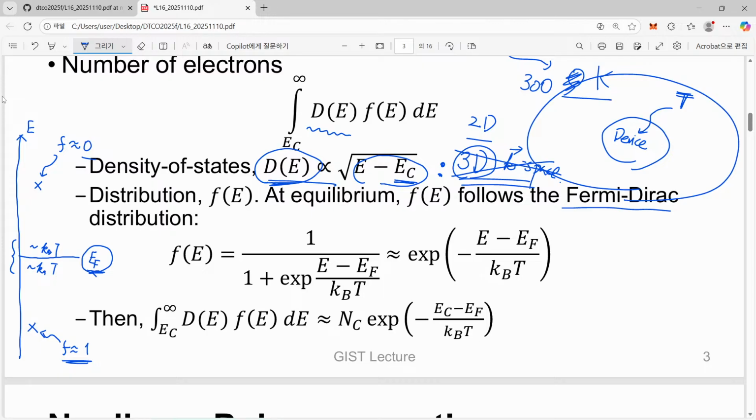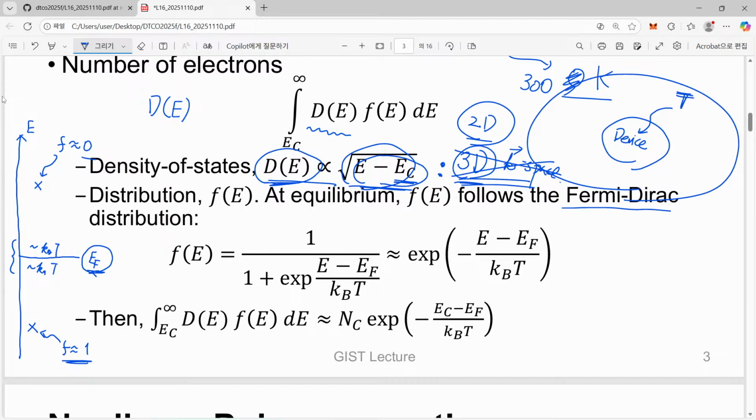Density of state is just an indicator of its dimensionality. If it follows this kind of behavior, then this corresponds to 3D K space. And if we have a 2D material, then more or less density of state does not change according to the energy level.